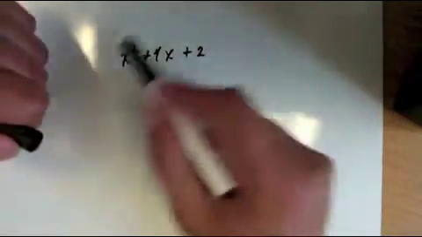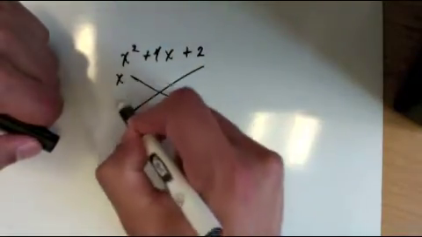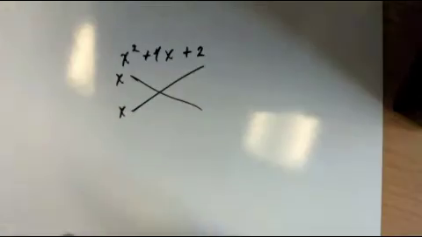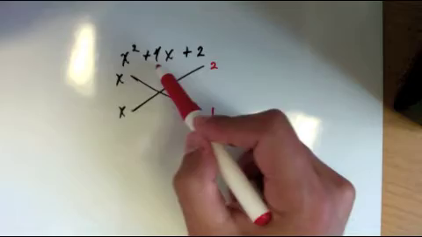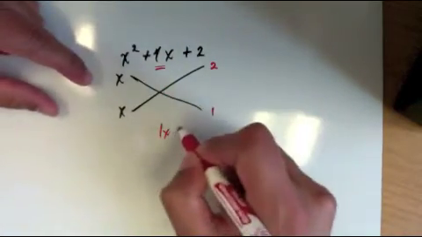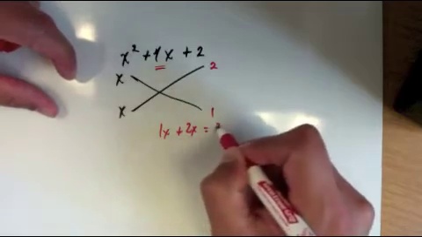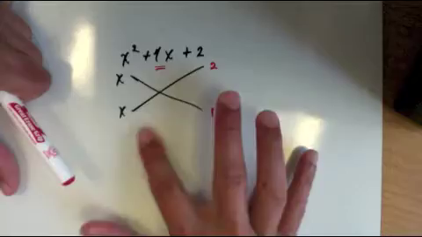Now if you notice, if we try to factor this, there's no way we can do x and x. The factors of 2, this is a prime number, are just 2 and 1. There is no way I'm going to get 4x. X times 1 is 1x, x times 2 is 2x. The best I can do is 3x. So that is not going to work for me.